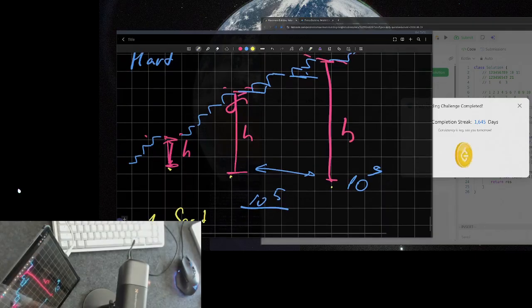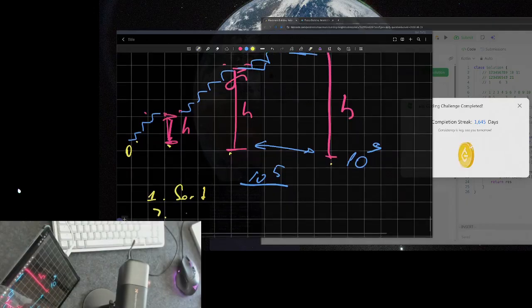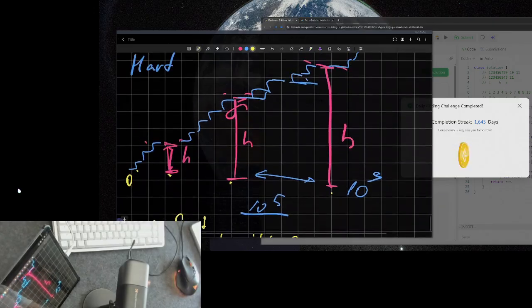Second, we always start with 0. Start with 0, and that means we can check what possible allowed height we could reach. So if a given restriction is too high, we can check what the actual height could be.